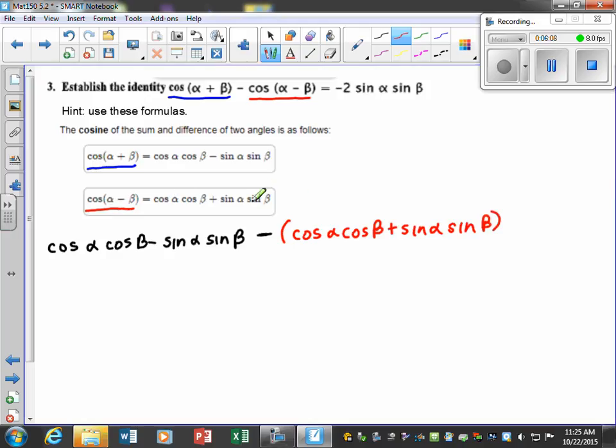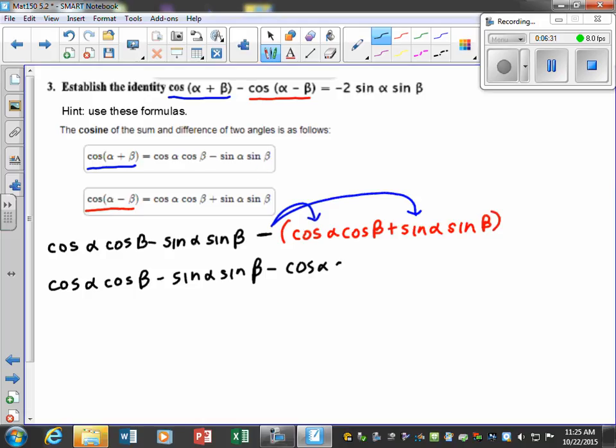And now we want to simplify. Don't forget to distribute this negative, and that's why I put the parentheses, so that we remember to distribute the negative out. Which would then be cosine alpha cosine beta minus the first term, and then minus the second term, and then we want to add like terms where possible.